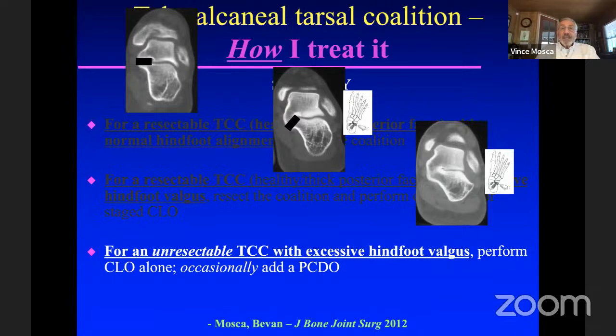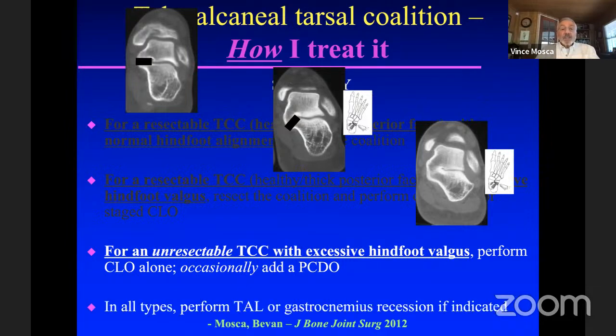Calcaneal lengthening osteotomy in that foot works just as well as in a flexible flat foot. And since the pain is identical under the head of the talus, in the sinus tarsi, the pain will be relieved and the deformity corrected. In all situations, if there's a tight heel cord, the entire triceps surae or the gastrocnemius should be lengthened. And those are the scenarios.